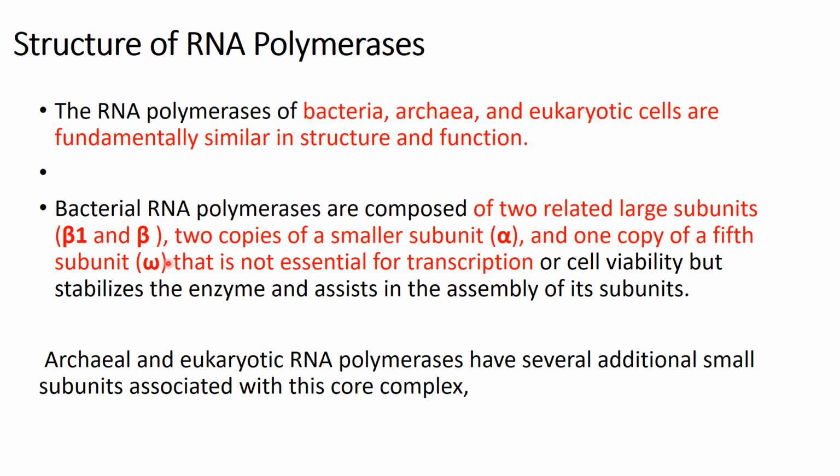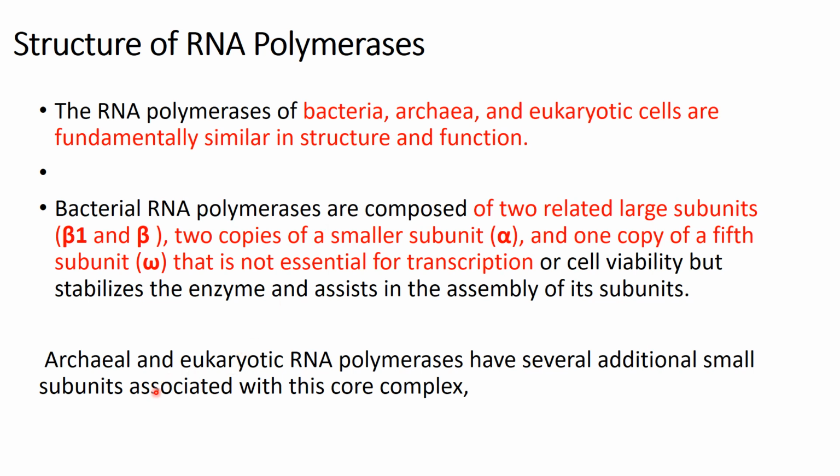This omega is actually not essential for transcription, but it stabilizes the entire enzyme. What does it mean? The beta 1, beta and 2 alpha subunits are stabilized because of the presence of this omega subunit. It helps in assembly of all the 4 subunits.